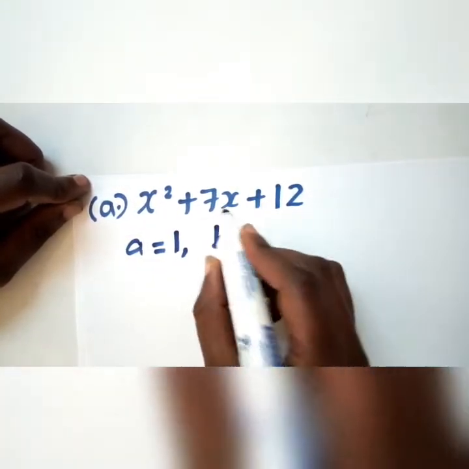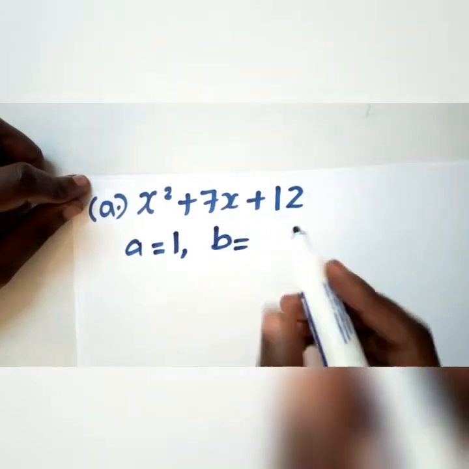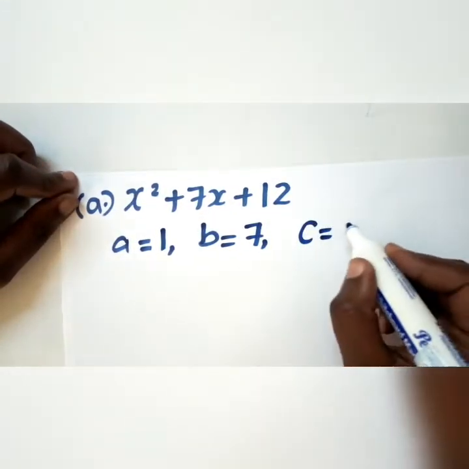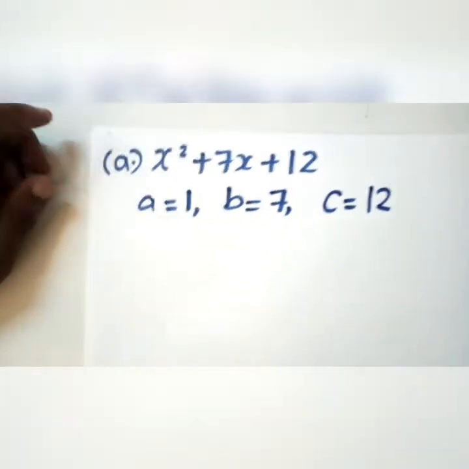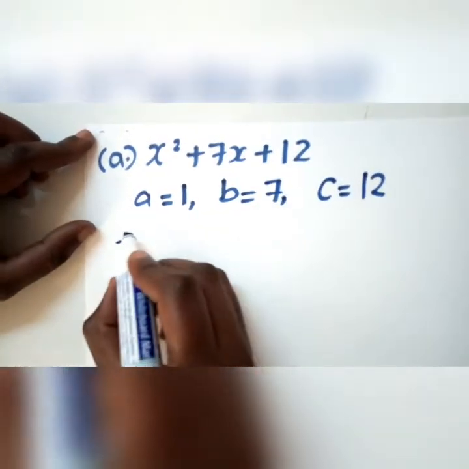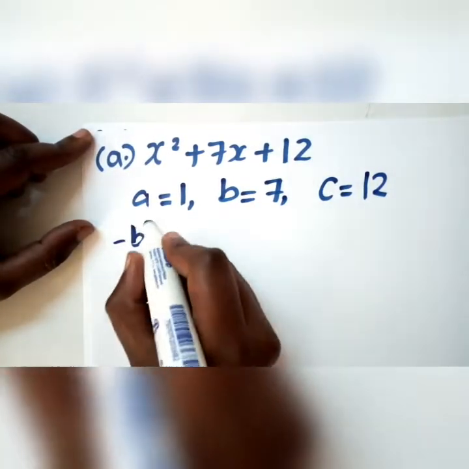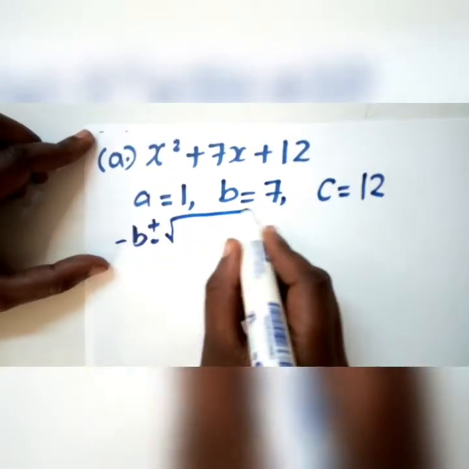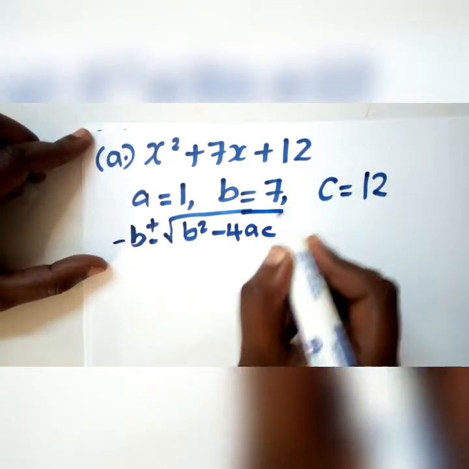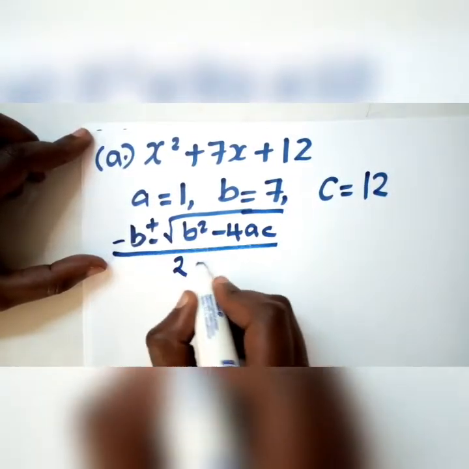The coefficient of x is 7, which is b. Then c is the constant, which is 12. And you're going to use the formula. So we can write the formula again: minus b plus or minus the square root of b squared minus 4ac, divided by 2a.